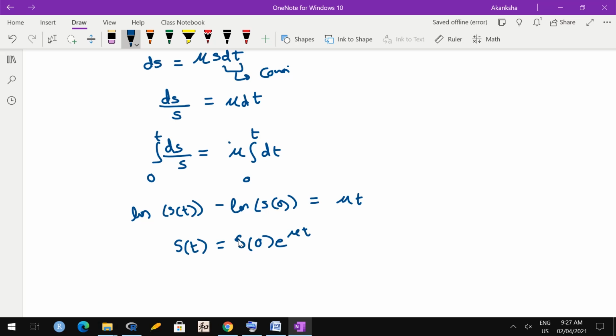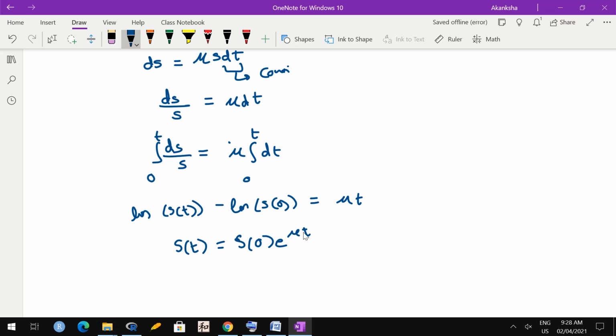So if the return is constant, if it is not random, then you can actually have a nice equation for computing stock price at time t in terms of the original stock price. Okay, because it's not random. If you remember, this is nothing but what would be the value at time t if mu is like the rate of interest.